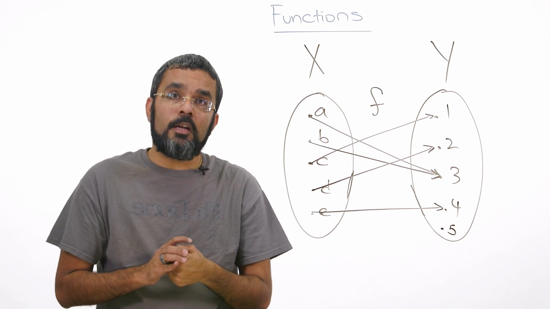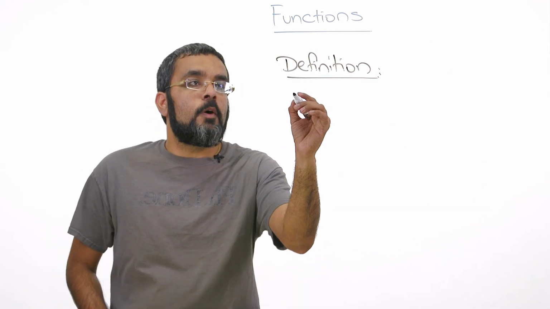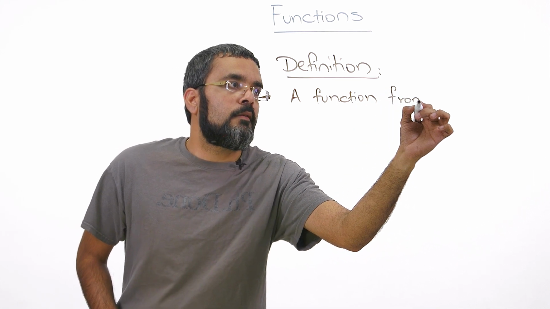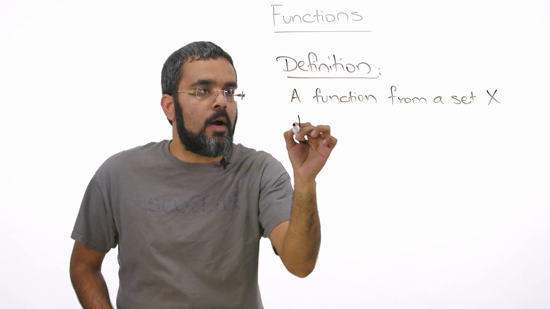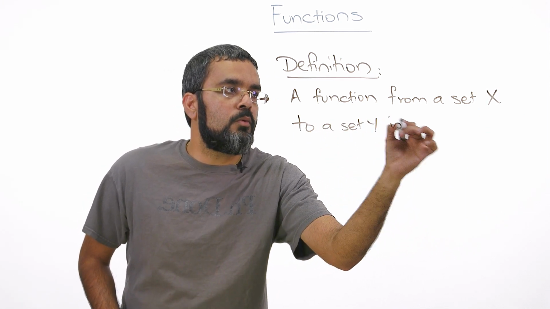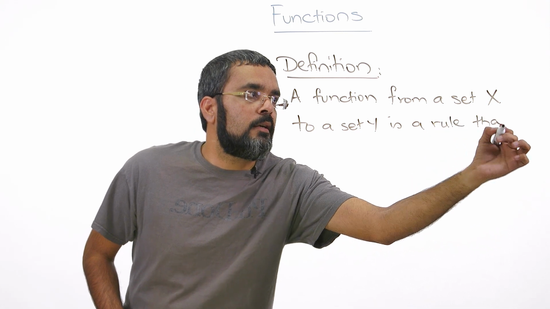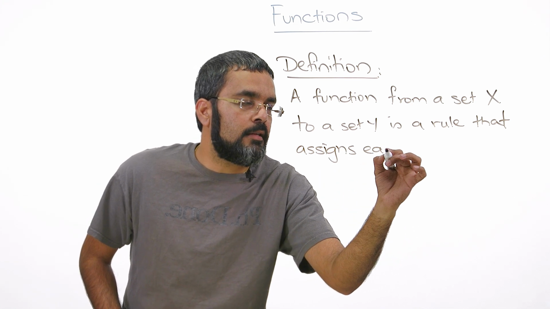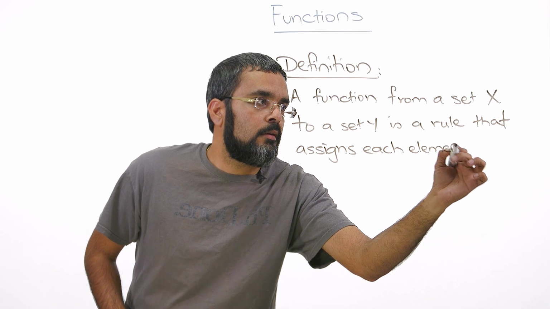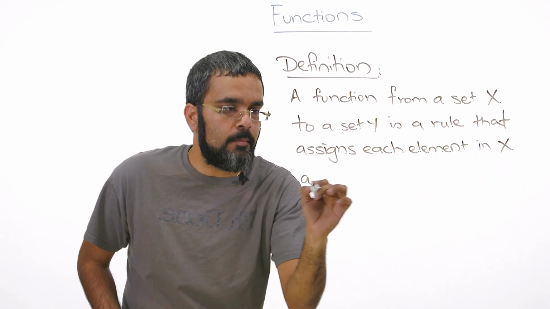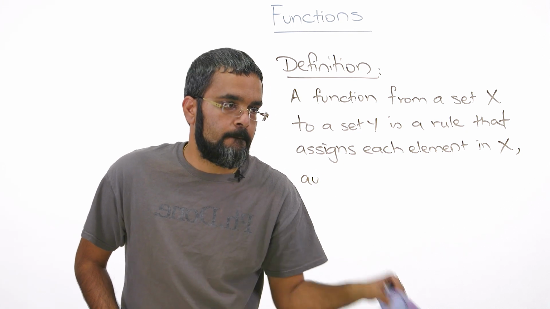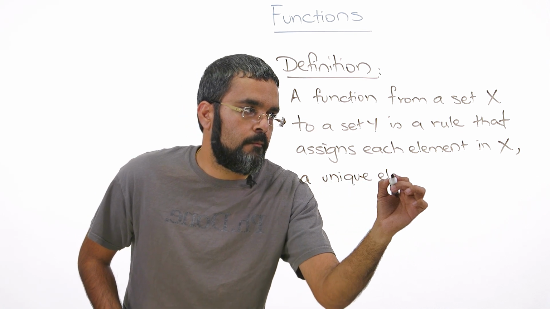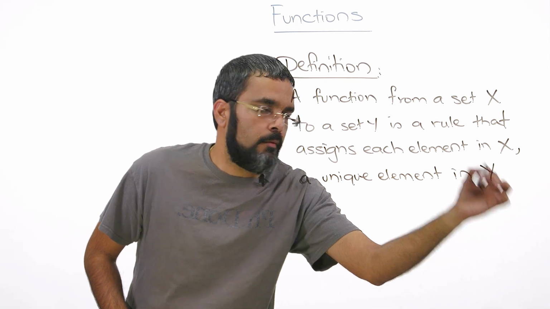So let's look at a more formal definition of a function. A function from a set x to a set y is a rule that assigns each element in x a unique element in y.